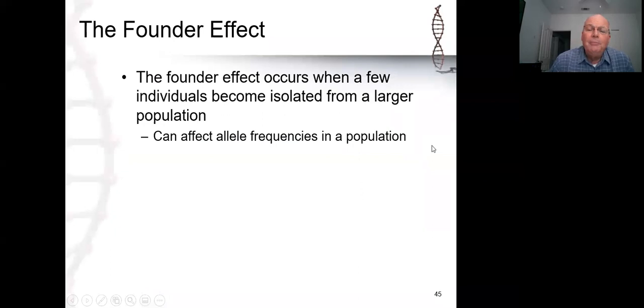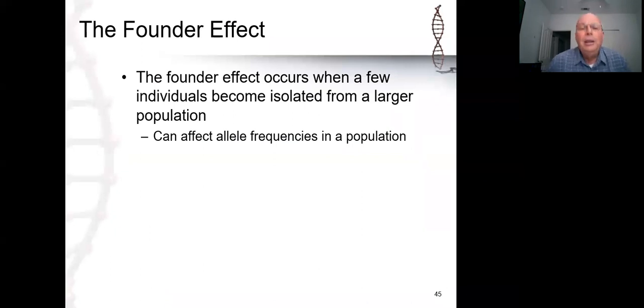The other effect is called the founder effect, where a small random group of individuals becomes isolated from the parental population and establishes a new population in a new location that they are able to survive in.